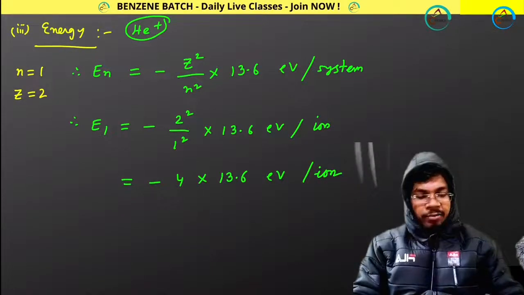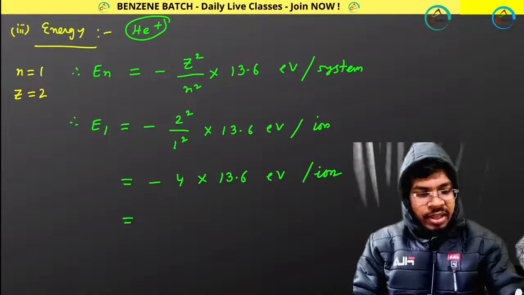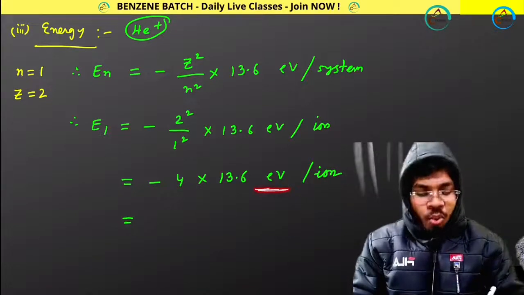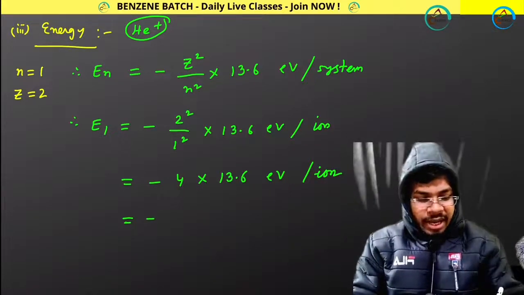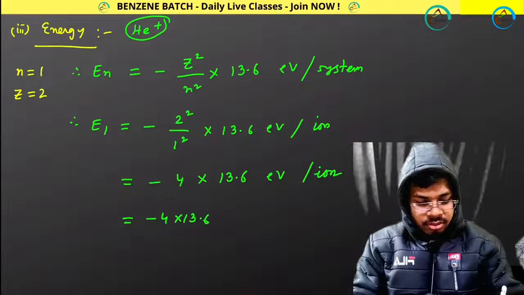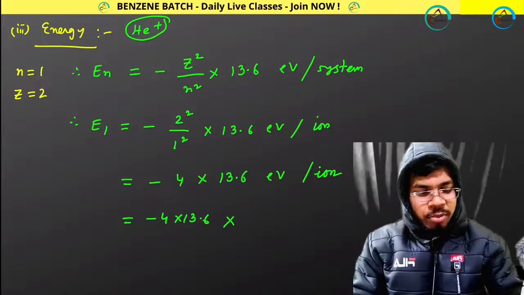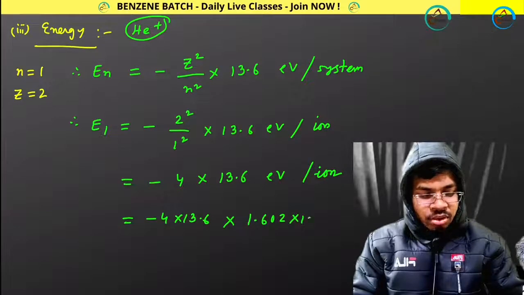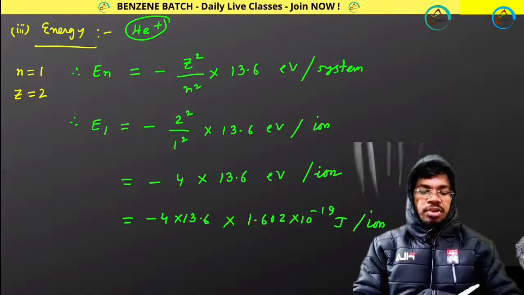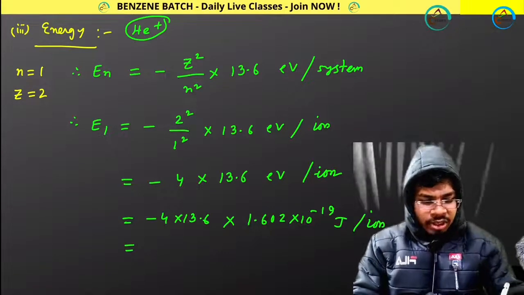If I want to calculate this value in joule, 1 electron volt means how many joule? You know this: 1.602 into 10 to the power minus 19 joule per ion. Can you calculate this value and tell me what you are getting?